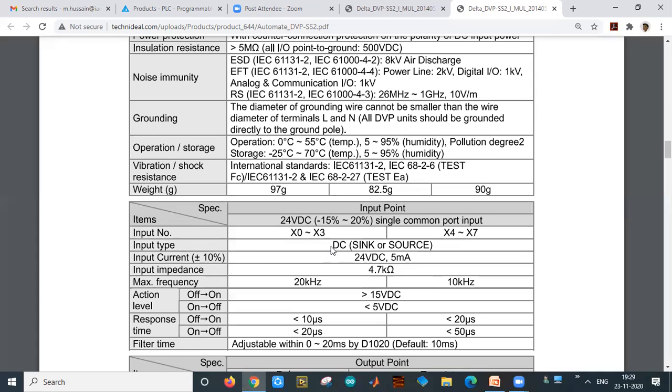Okay, the input current will be 5 milliamperes. If your input current is more than this 5 milliamperes, then there may be damage to your input, and input impedance is 4.7 kilo ohms.